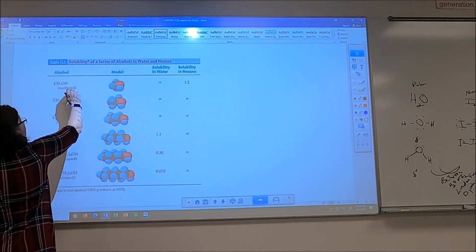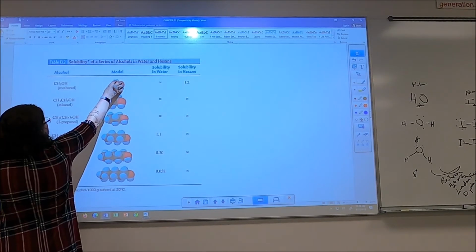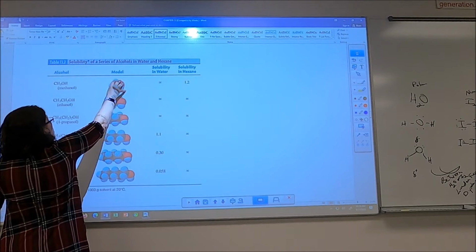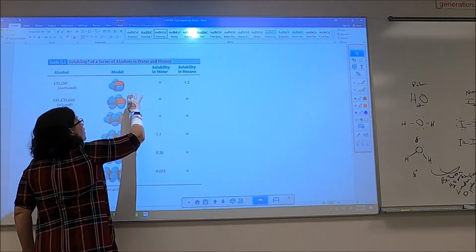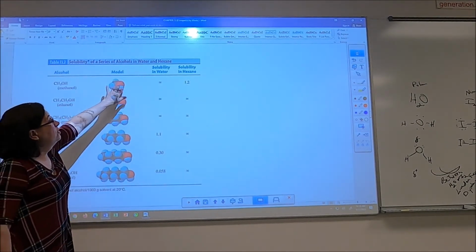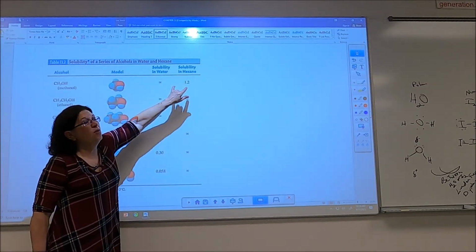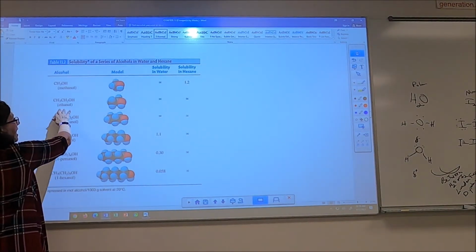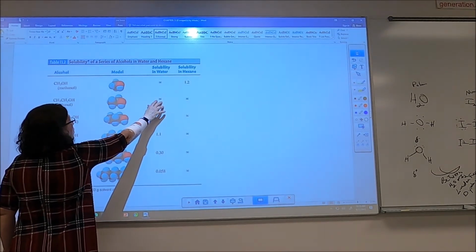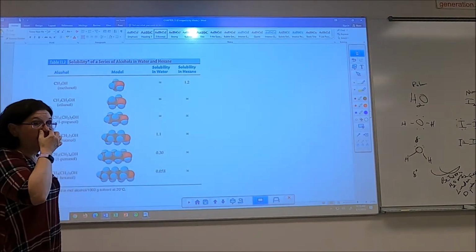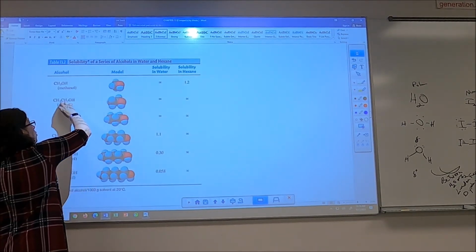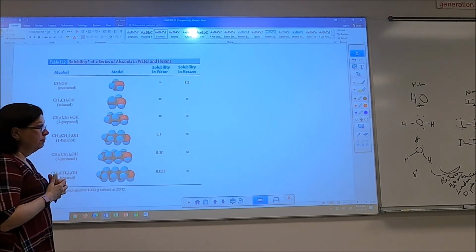Methanol is very small, so it's polar, and there's a large part of the molecule that can interact with water. So it's very water soluble, it can hydrogen bond, and it has very low solubility in hexane. When I get to ethanol, it still mixes well with water, but its solubility in hexane has gone up because there's a larger portion of the molecule that's carbon chain.